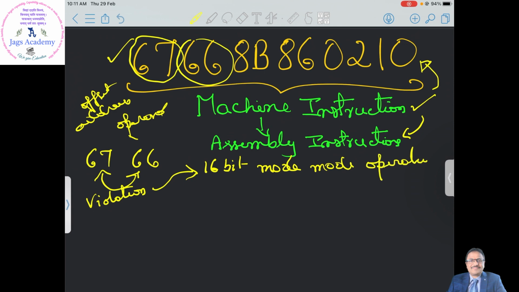Remember again, the operation is of 16-bit mode, and there is a violation.